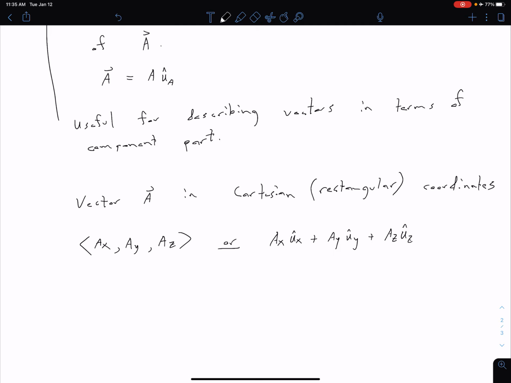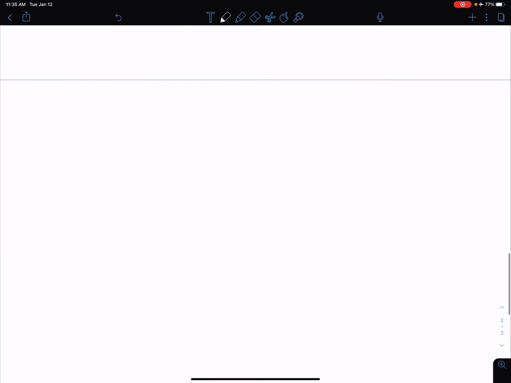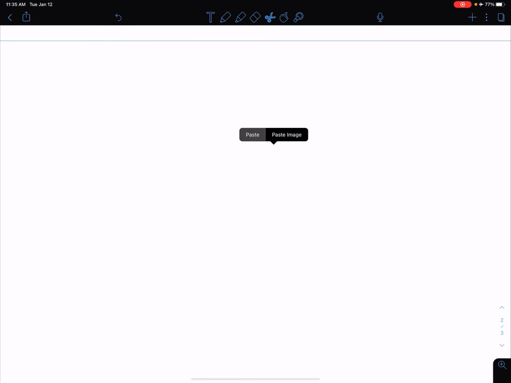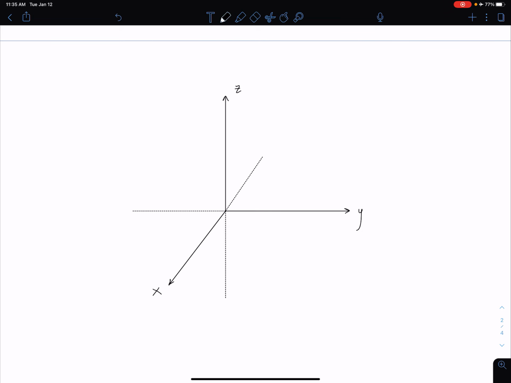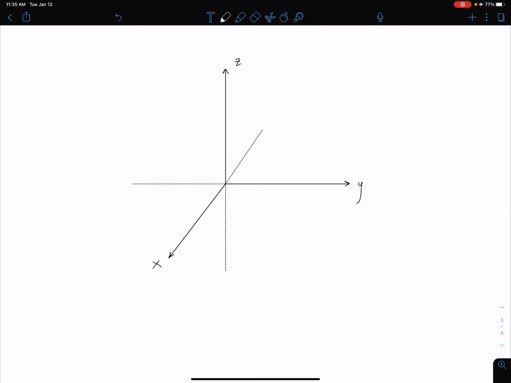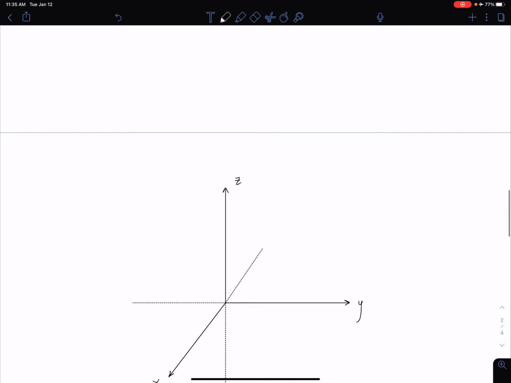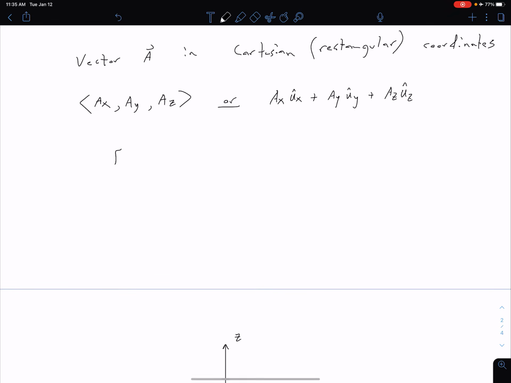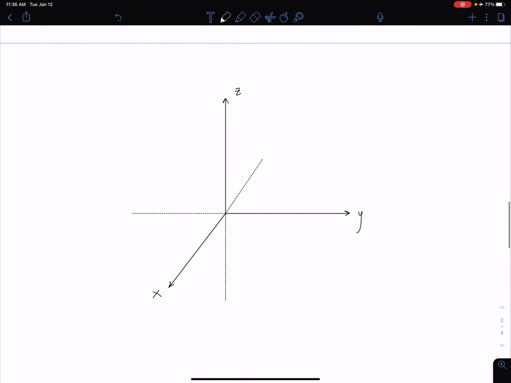If we want to take a look at what this looks like graphically, we can plot a 3D axis. I've already got one here, so that's a little neater than if I were just freehanding it. We see we have x, y, and z directions. Let's assume that all of these components are greater than 0 for our plot below. That means we're going to have some component along our x direction, because our unit vector x is going to be in this direction.